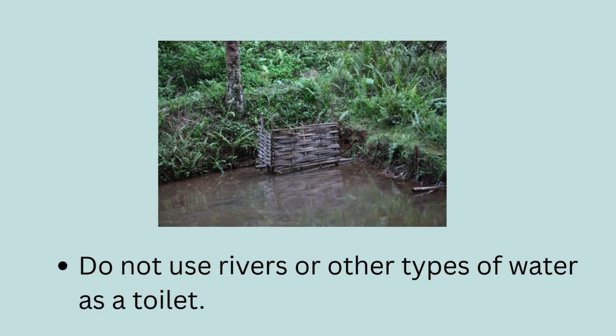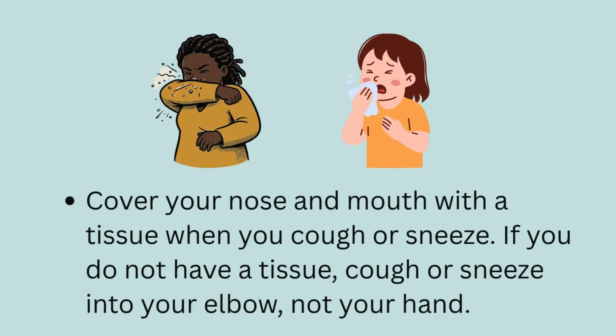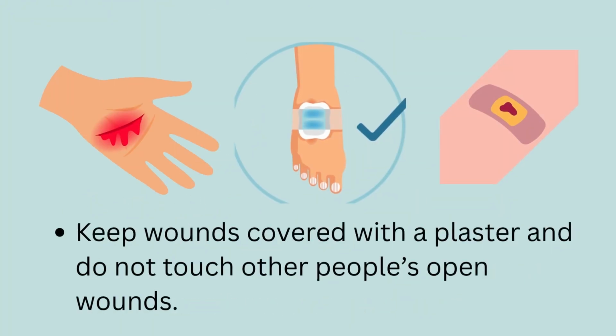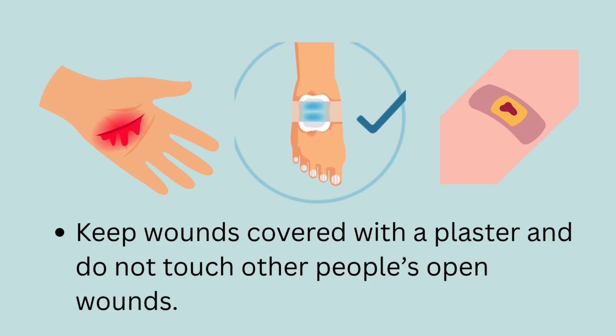Do not use rivers or other types of water as a toilet. Cover your nose and mouth with a tissue when you cough or sneeze. If you do not have a tissue, cough or sneeze into your elbow, not your hand. Keep wounds covered with a plaster and do not touch other people's open wounds.